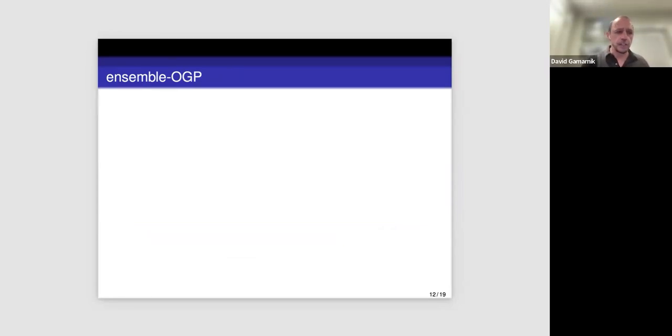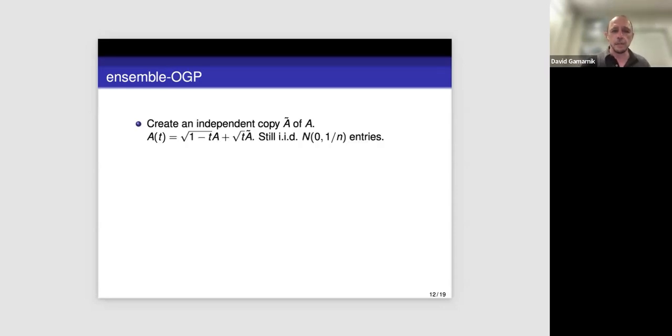First is an extension of this property to the ensemble version. It goes as follows. I'll give you a detailed version, but then give you a high level idea. The detailed version is that suppose you have not one, but two independent copies of the matrix A: matrix A and independent copy A tilde.